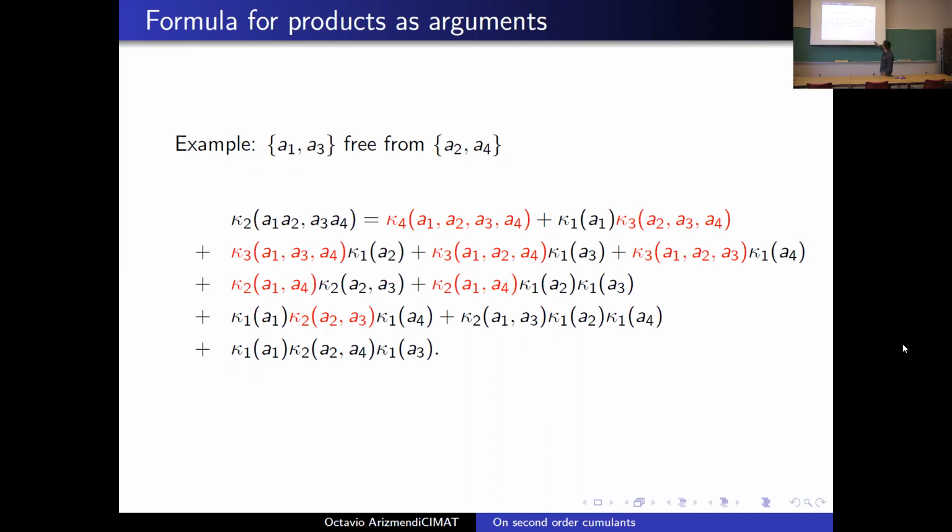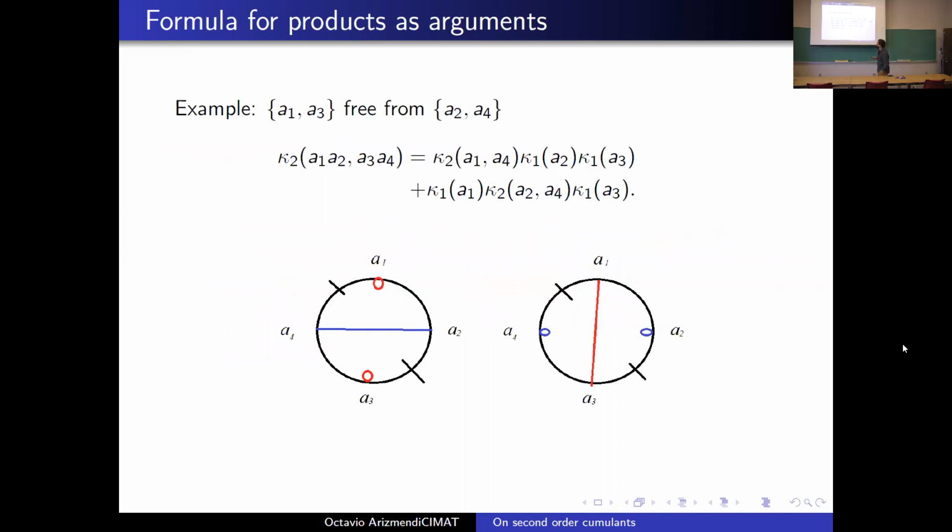Kappa 2 of A1, A4. We're crossing. The other possibility is 1, 2, 4, but that would satisfy the superposition size. So if I have kappa 2 of A1, A2 times kappa 2 of A3, A4, this will connect this part with this part.